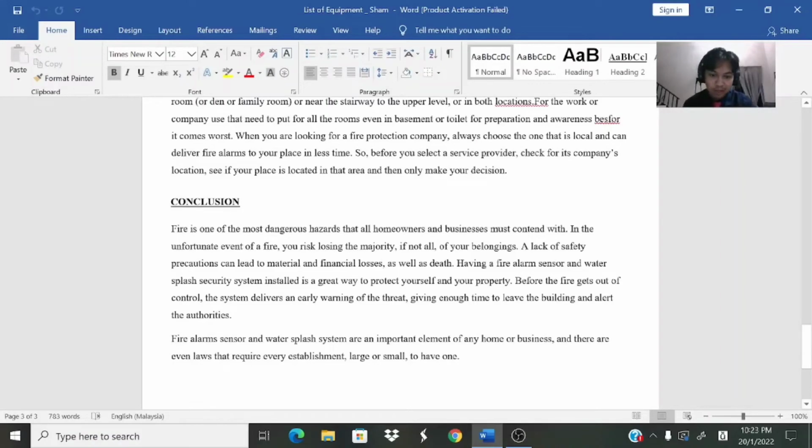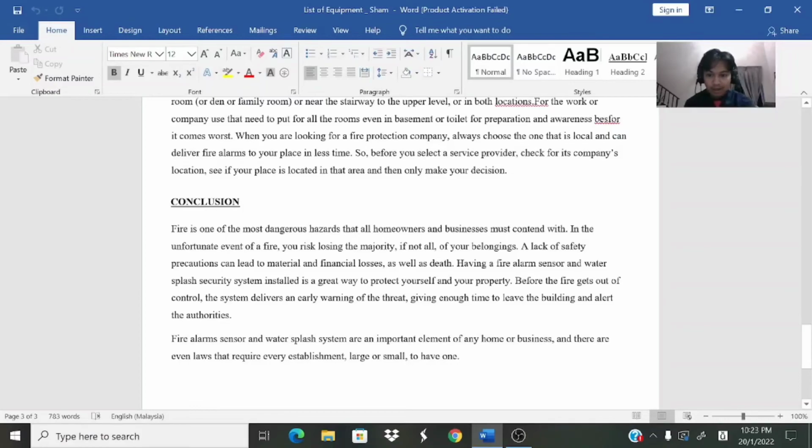So we need to prepare because it is getting worse and worse. Having a fire alarm sensor and water splash security system installed is a great way to protect yourself and your property. Before the fire gets out of control, the system delivers an early warning of threat, giving enough time to leave the building and alert the authorities.